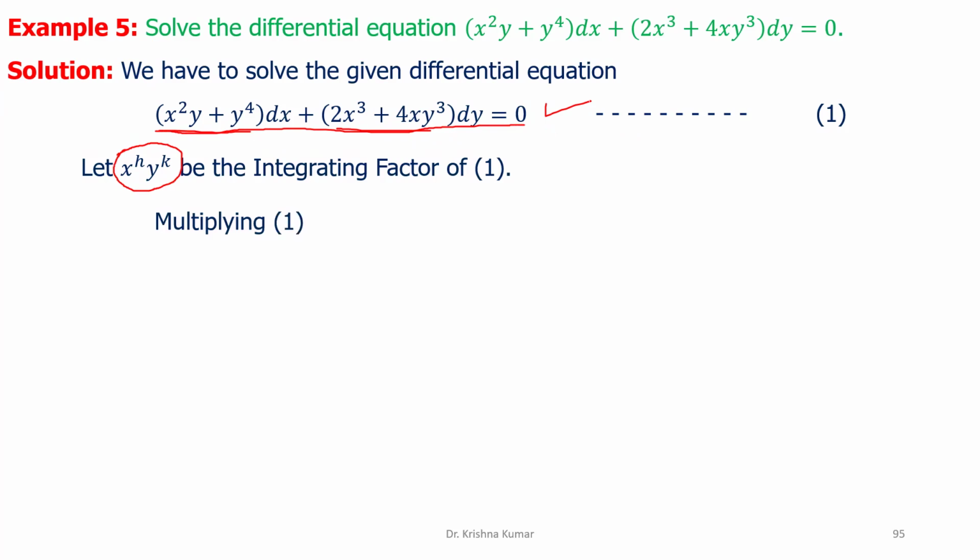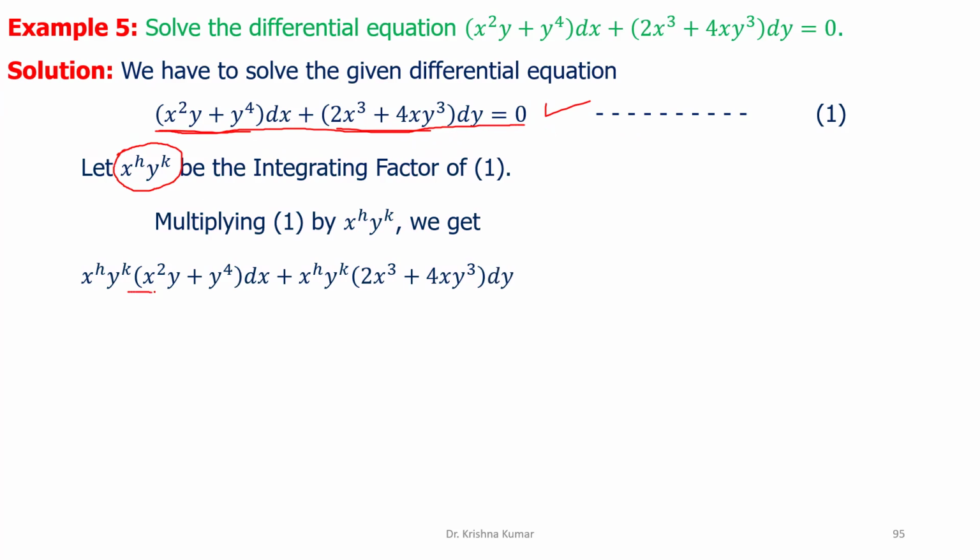So let us multiply equation 1 by the integrating factor x^h y^k. We have x^h y^k (x² y + y⁴) dx + x^h y^k (2x³ + 4x y³) dy = 0.